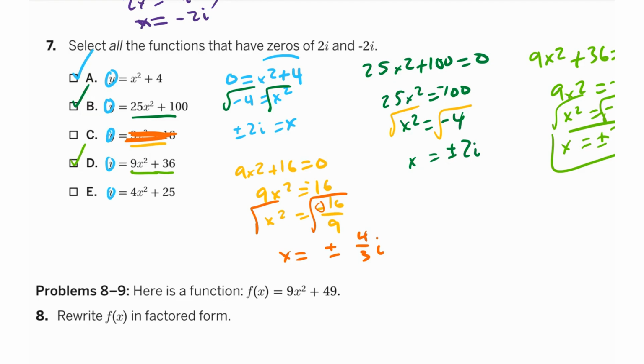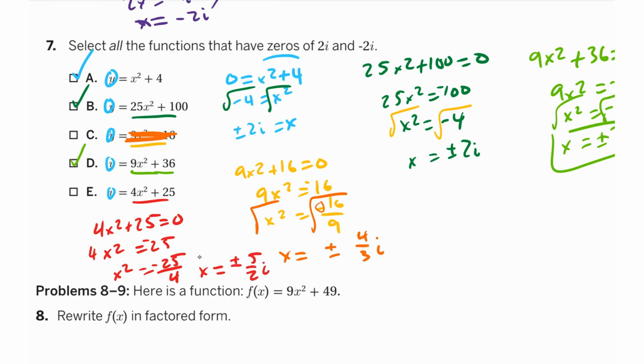And last but not least, 4x squared plus 25 equals 0. Subtract 25 from both sides. Divide by 4. Take the square root of both sides to get plus or minus 5 halves i. So this one doesn't work either. So our answers for 7 are A, B, and D.